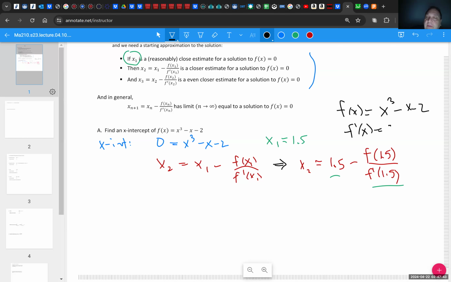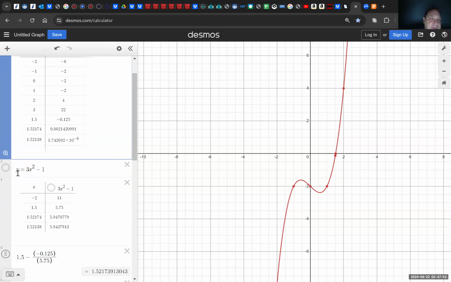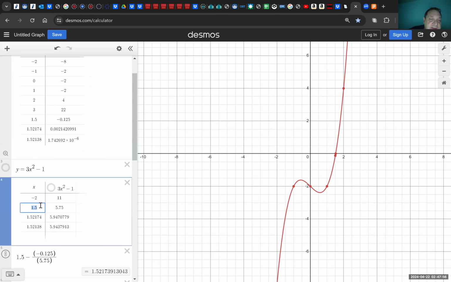It's a power rule, 3x squared minus 1. So that's the derivative function. And I'm going to already put the derivative function here on the second thing. Here's the derivative function, 3x squared minus 1. And here's where I stick in 1.5. 1.5 has a derivative value of 5.75.